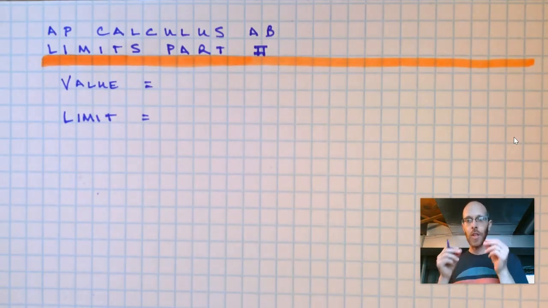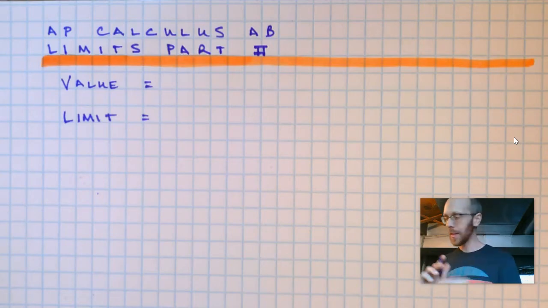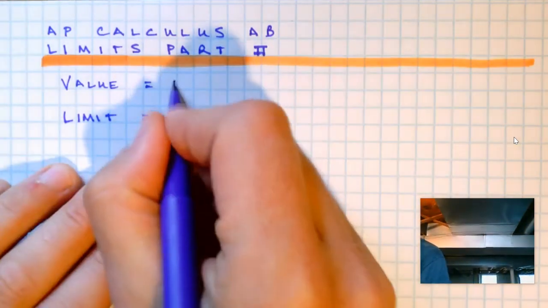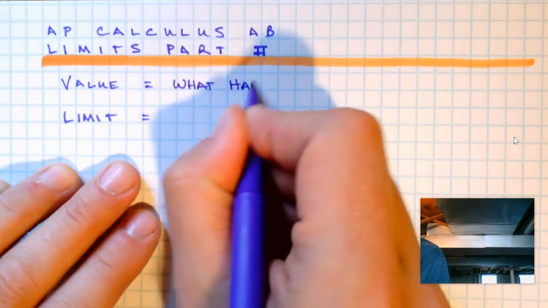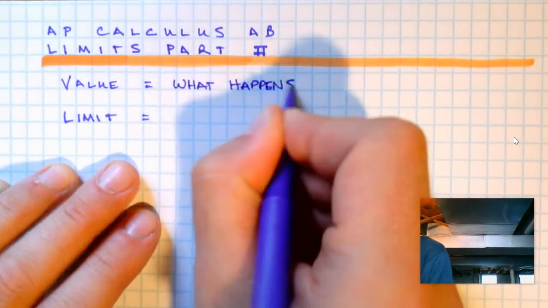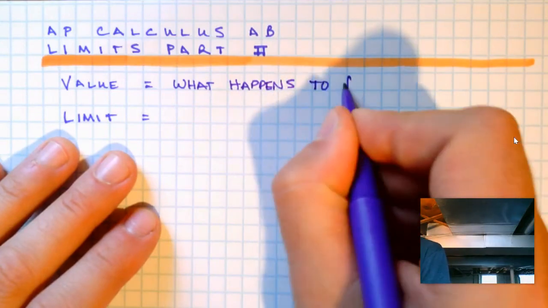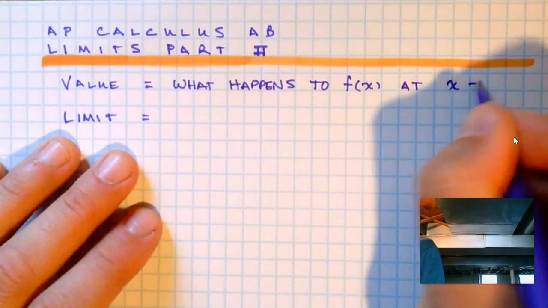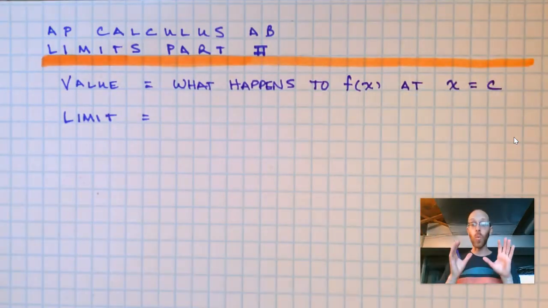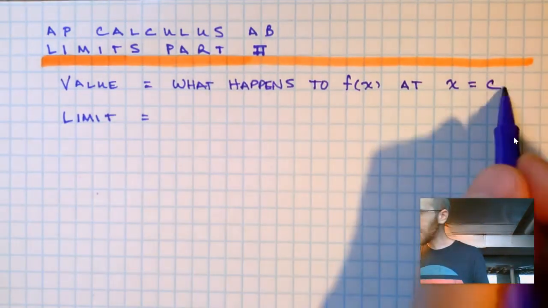Now, when we talk about the value of a function, we're saying what is happening to the function at a particular instant. And I'll phrase that as what happens to f of x at x equals c.